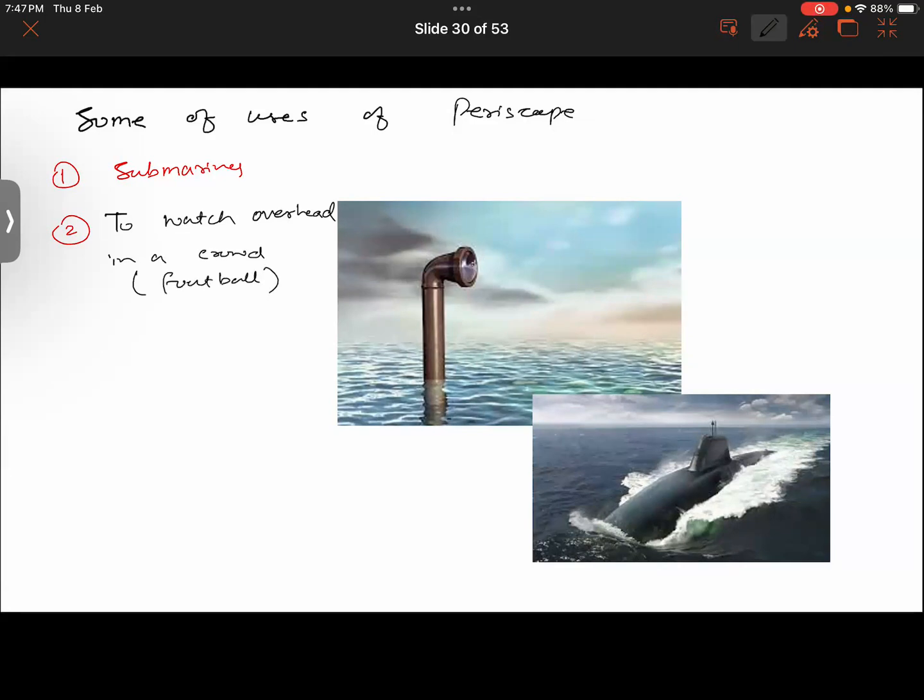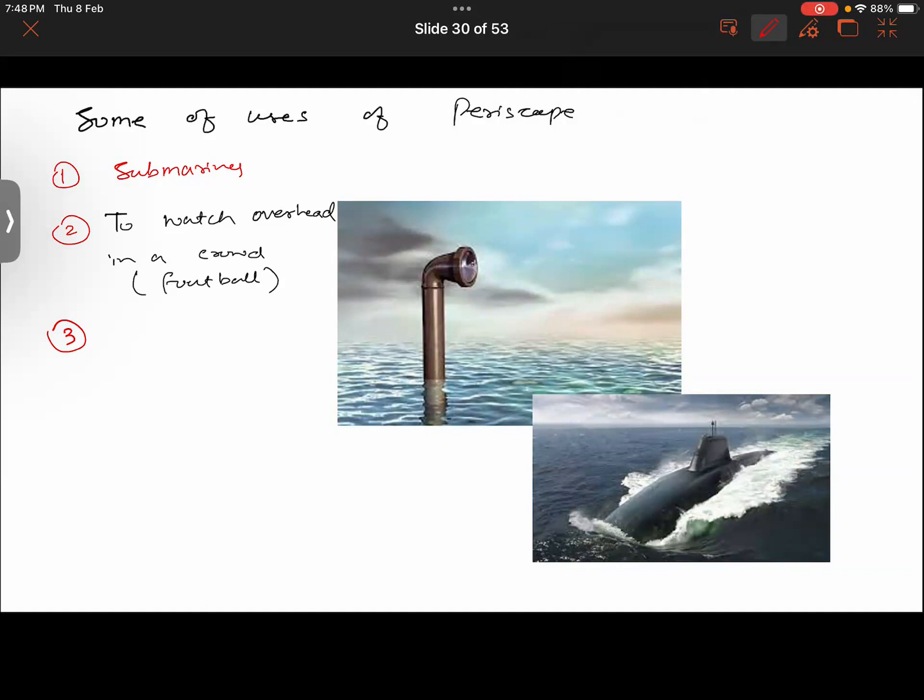Now in wars, when there is a war, soldiers would be sitting in the bunker or in the trench. So they will simply take out the periscope and look at the activity of the enemies.